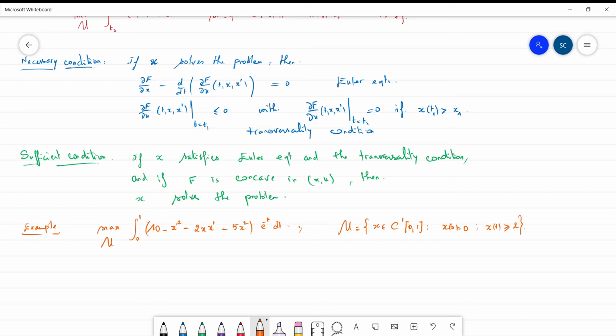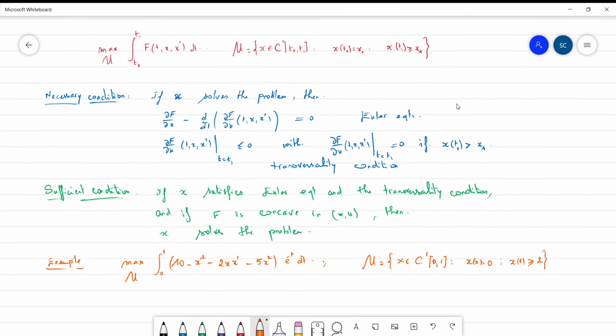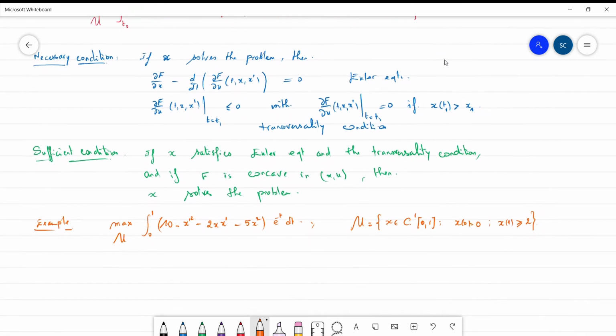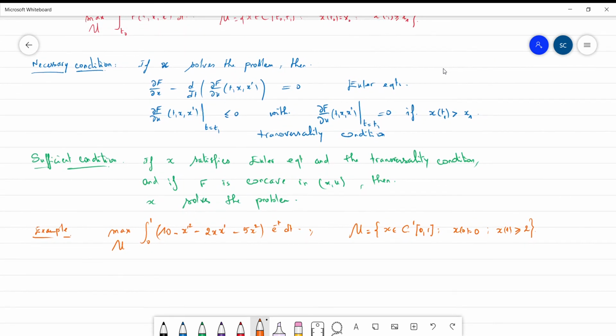So we have a problem similar to the one set here. Let's proceed as usual. We identify first our function f in (t, x, u), so it's (10 minus u squared minus 2xu minus 5x squared) times e to the minus t. I will need partial derivatives of f.